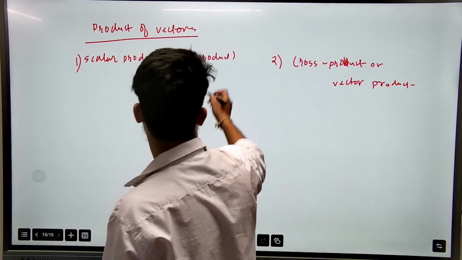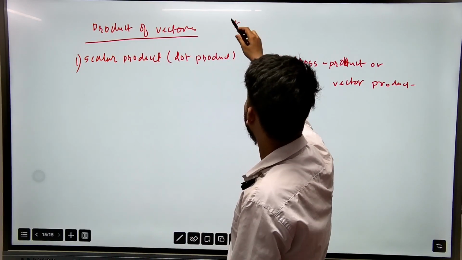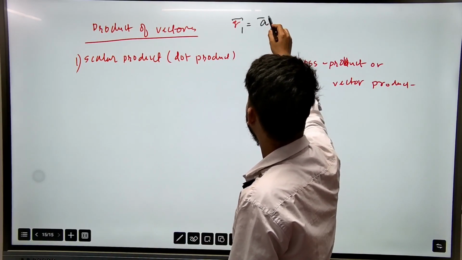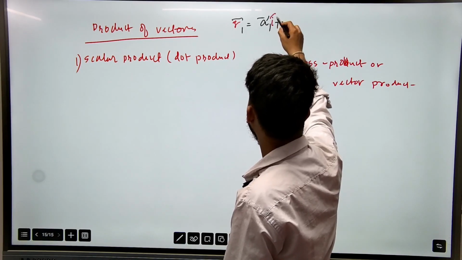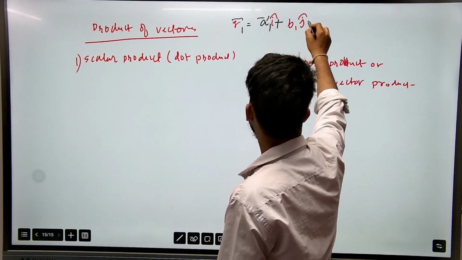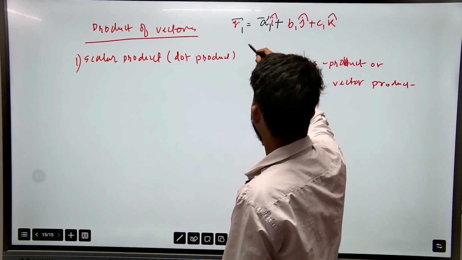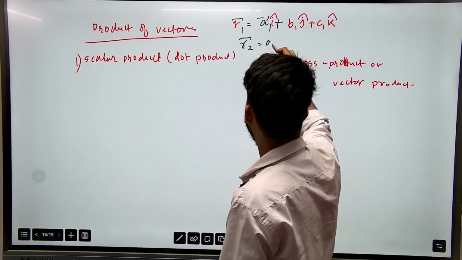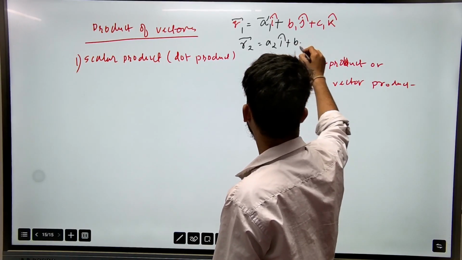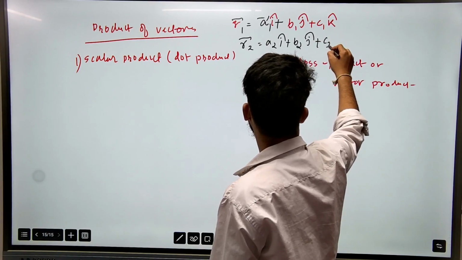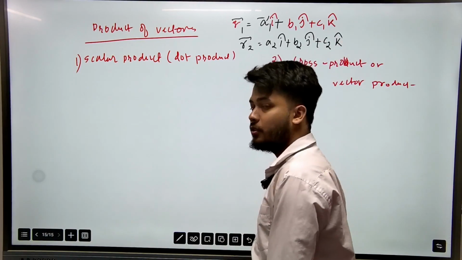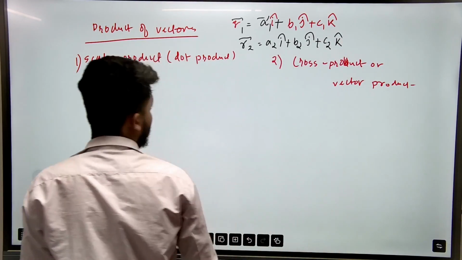Let's say there are two vectors. Vector R1, that is A1i plus B1j plus C1k, and vector R2, that is A2i plus B2j plus C2k. Okay, so these are the two vectors R1 and R2.